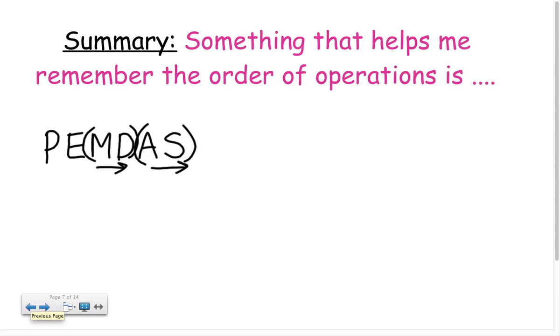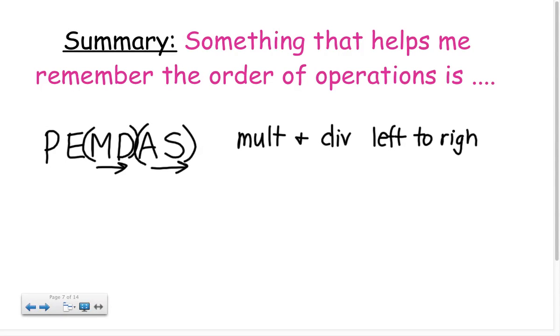But I think the key to remember is multiplying and dividing goes from left to right, and the adding and subtracting goes from left to right.